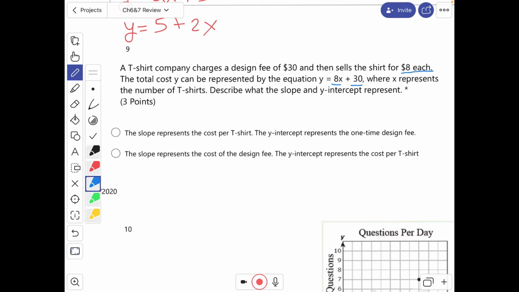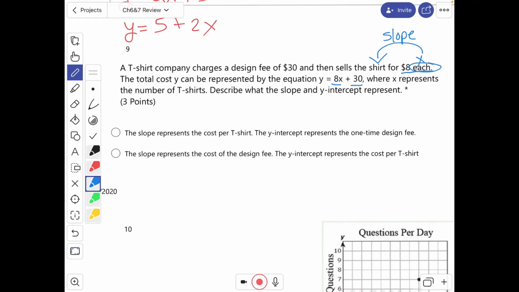Well, the slope is the 8, and 8 each. That means 8 times what? Times the shirts. So 8 is the slope, and slope is the number that we multiply. So it needs to be a multiply word, similar to each.